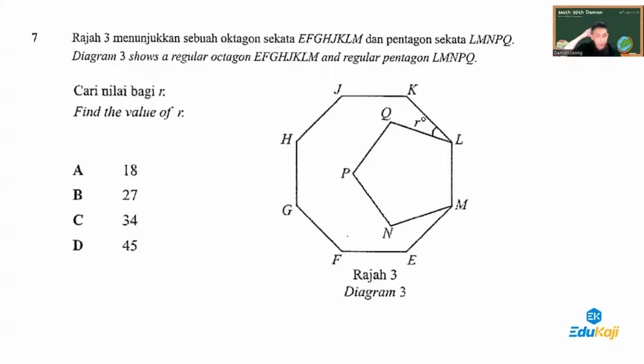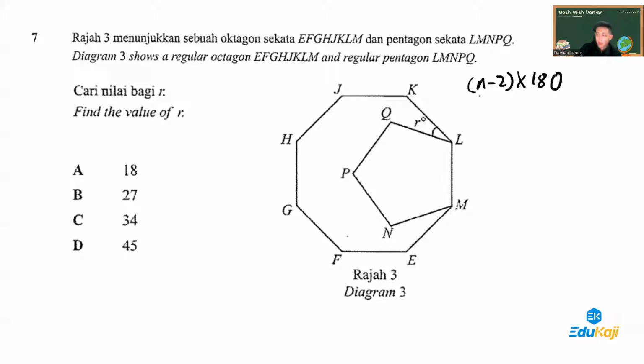Then question 7, I have a regular octagon here and a regular pentagon inside. Whenever it's involving a regular polygon, we always want to find either the interior angle or the exterior angle of the shape. Usually it's the interior angle. Total interior angle is n minus 2 times 180.